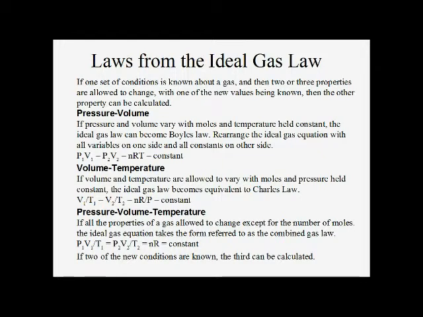So we derive the ideal gas law from the individual two-property laws. And of course we can take the ideal gas law and convert it back into each of these.